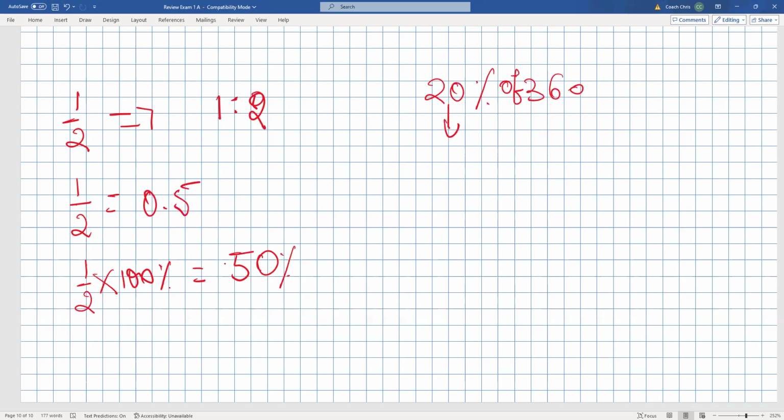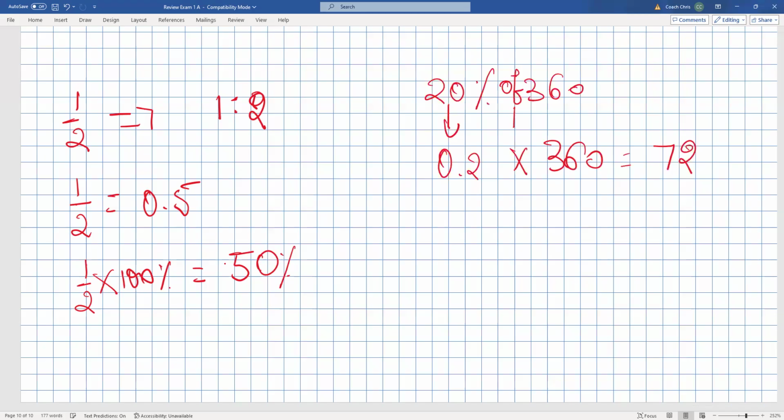So we learn how to convert a percent to a decimal: get the number, divide that by 100. So you will have 0.2. Convert "of" to a multiplication, and multiply that by 360. So 0.2 multiplied by 360. So you will have 72.